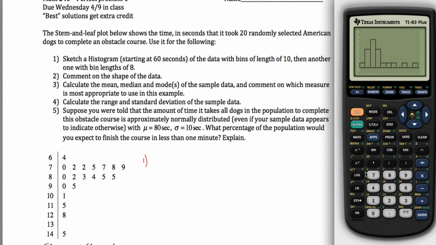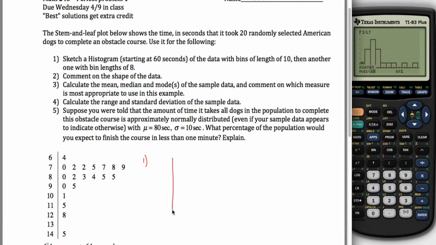Draw that thing. It might help to use this trace button. So I got my axis here. Since I start at 60, what some people do is they put a little squiggly line here to show that really on the number line 60 wouldn't be right here. Whatever. And then I count up by 8s.